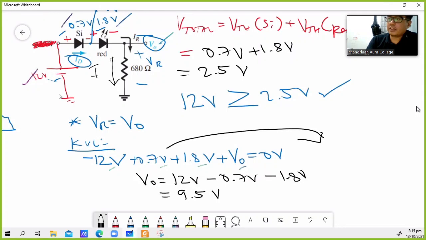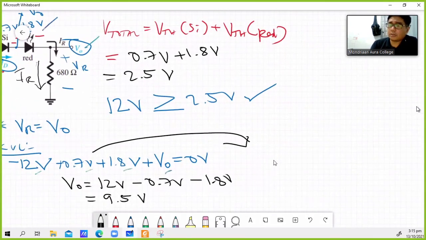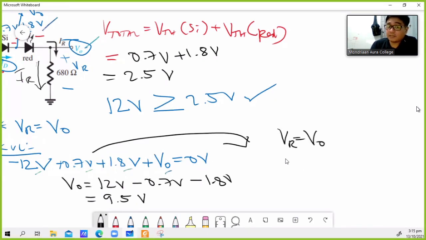So this is I sub R. I sub R is also equal to I sub D since they are connected in series. So in order for us to solve that, Ohm's law na pa rin. So we have V sub R is also equal to V out, diba? Same thing din yan. Is equal to I sub R times R. So we can use this equation. Alam natin yung V out. Na-solve natin yan. So that is 9.5.